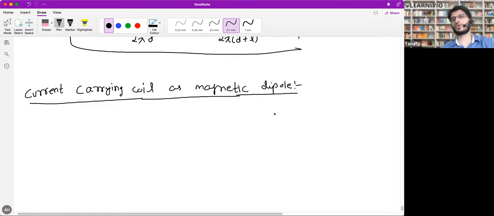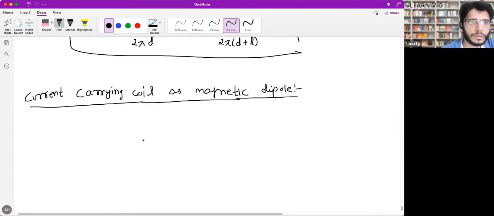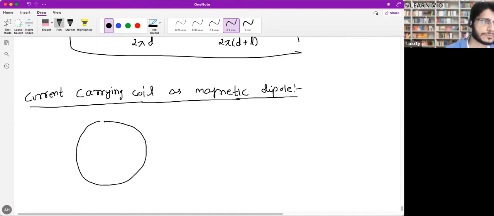Next is current carrying coil as a magnetic dipole. Let's say you have a coil. When I say coil, it means a closed circuit. It's not necessary that a coil should always be a circle. It could be a rectangle, a square, or a triangle, but it should be something closed.